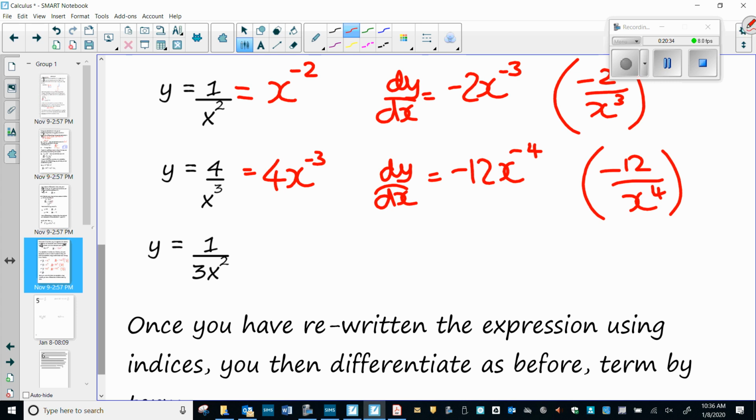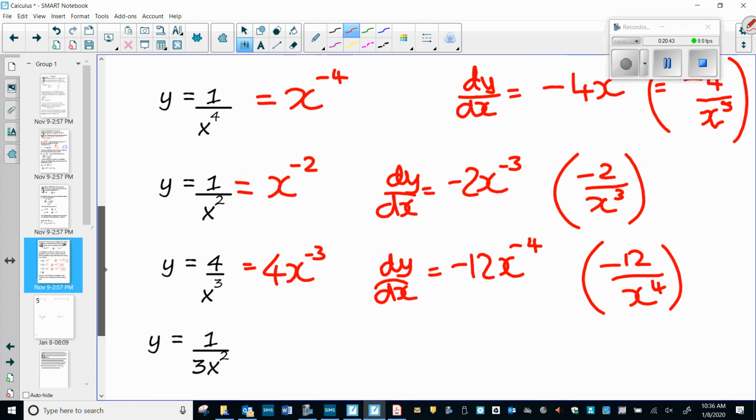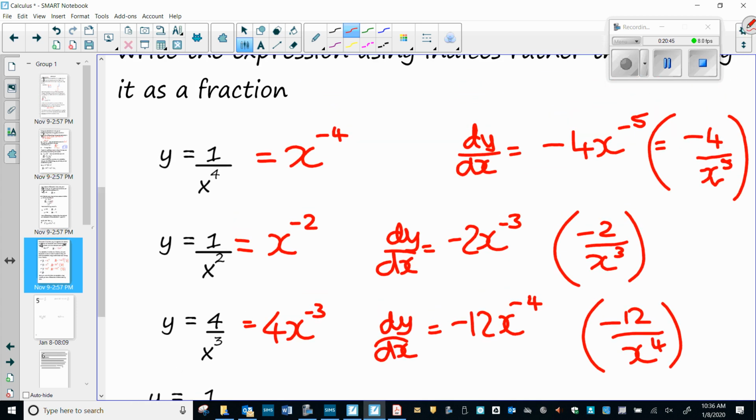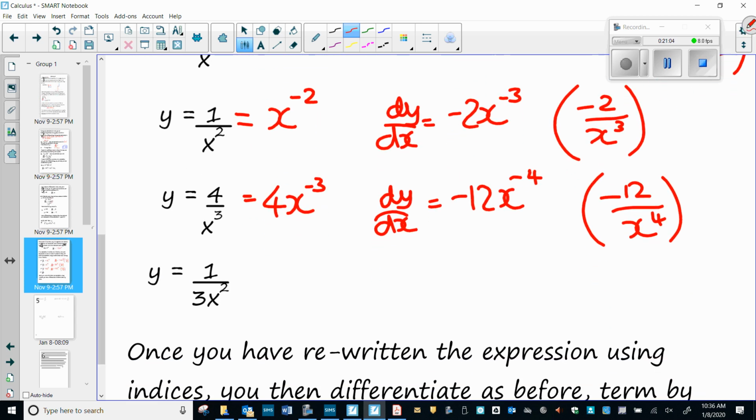Why did the negative 4 stay on the top? What was raised to the power? Oh, so it's just the x that has the negative power, yes? Okay, that's why the 4 stayed where it was. So down here, it's just the x that has the power, yes?